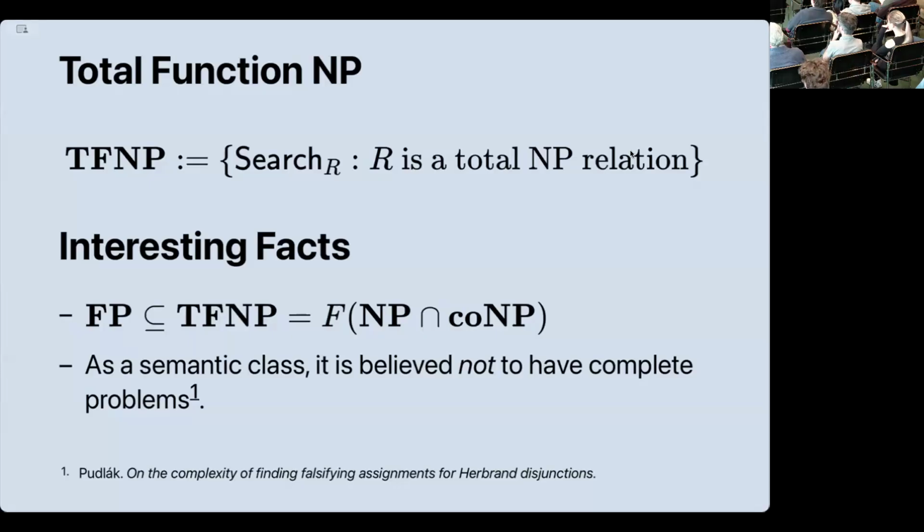In particular, as a semantic class, as sort of an intersection class between NP and co-NP, it is not believed to have complete problems, and we even have oracle separations to this extent. I just mean it doesn't have a syntactic machine definition. There's no machine definition that defines NP intersect co-NP that we know of. There's no complete problem, to say it another way.